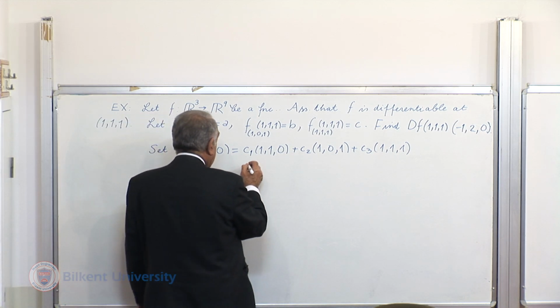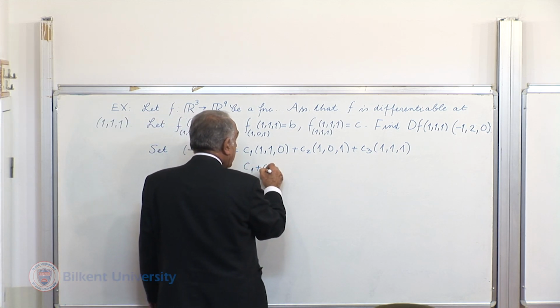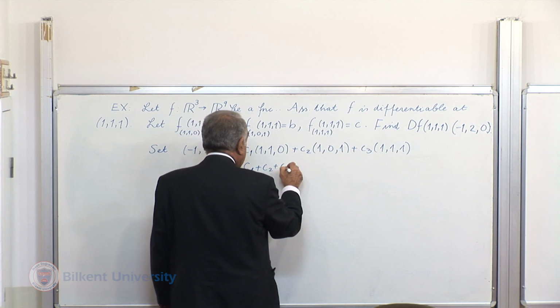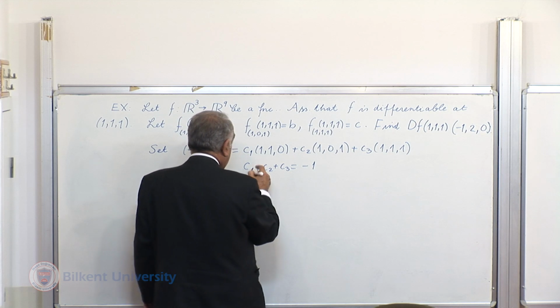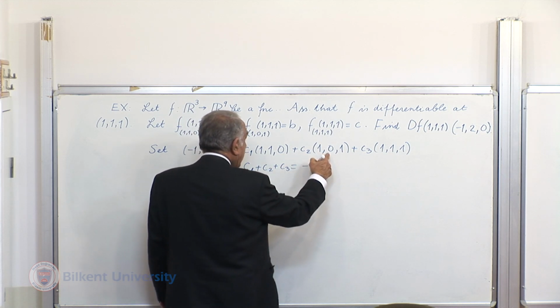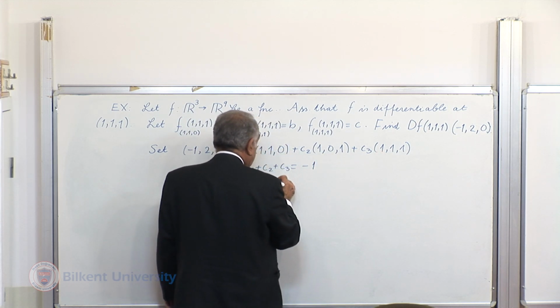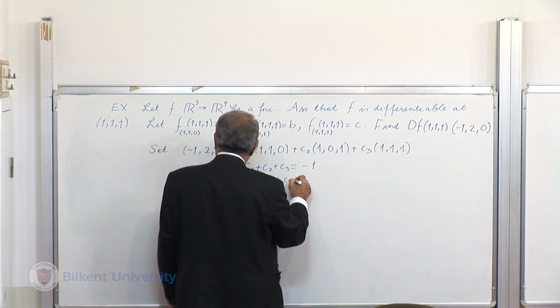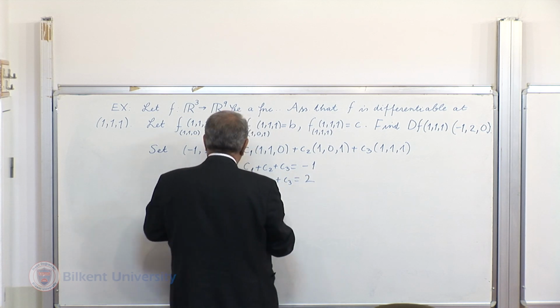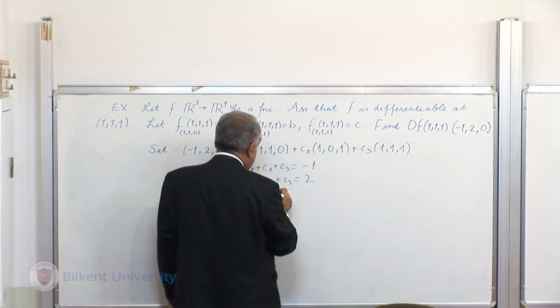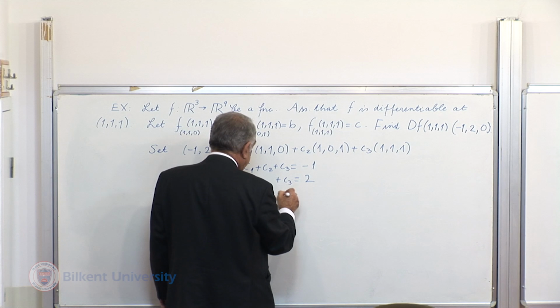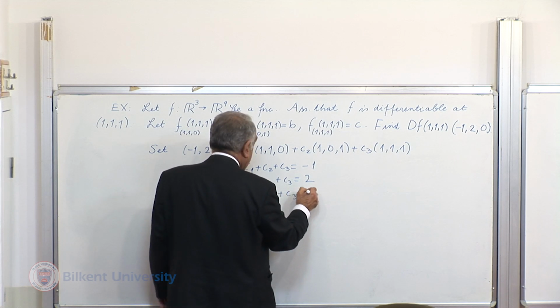Now, the first one is C1 plus C2 plus C3. That's supposed to be minus 1. Then C1, this is nil, plus C3. That's supposed to be 2. And finally, this is 0, C2 plus C3. This is supposed to be 0.